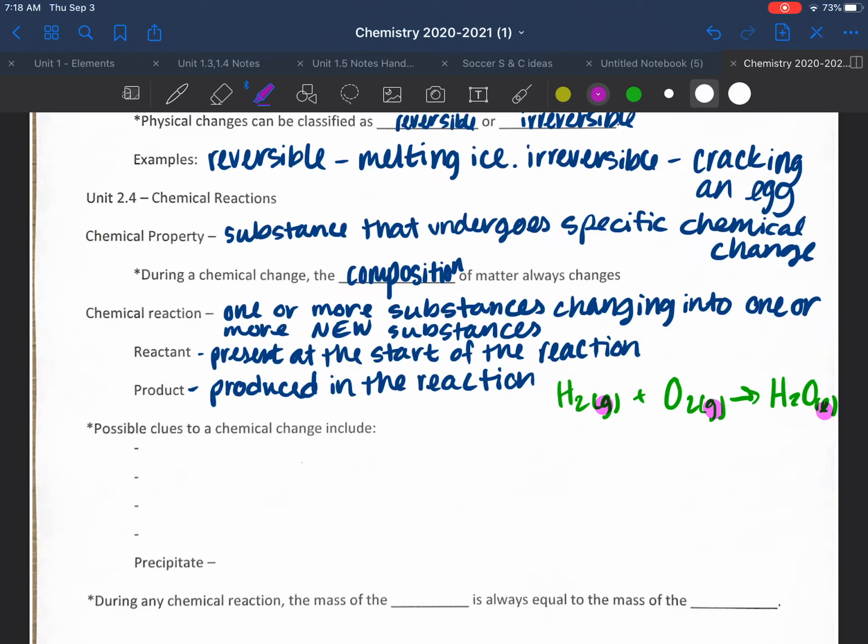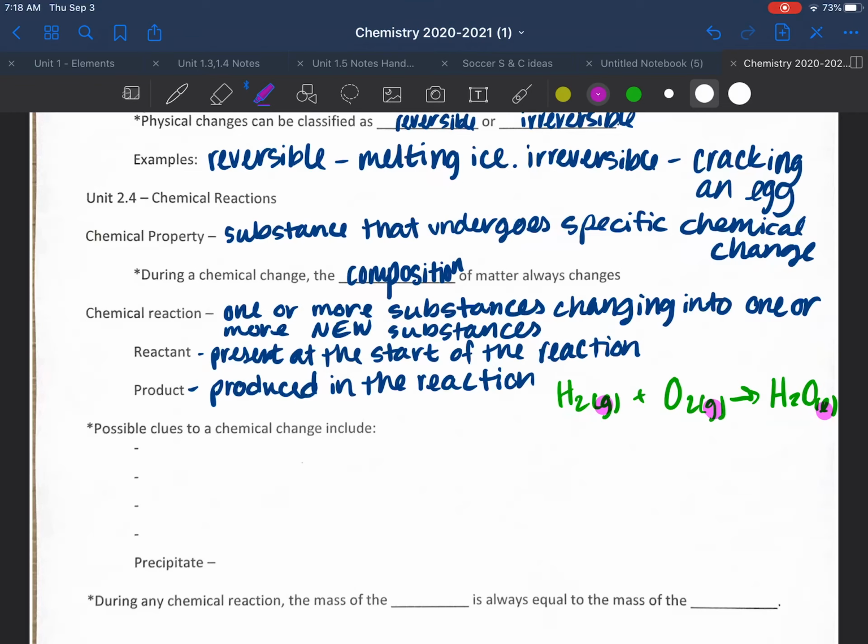When you're writing chemical equations, those represent what state each of these molecules or compounds or elements are in. In our case, we take hydrogen gas and oxygen gas, and then we're going to turn it into water, which is in a liquid state.